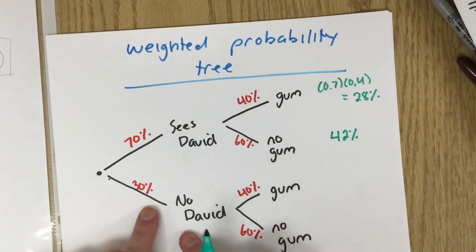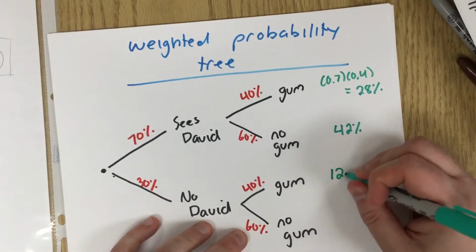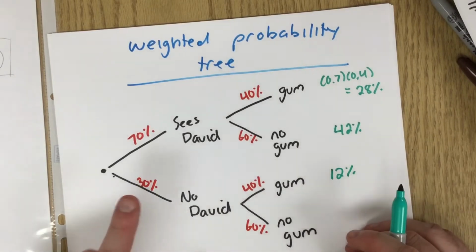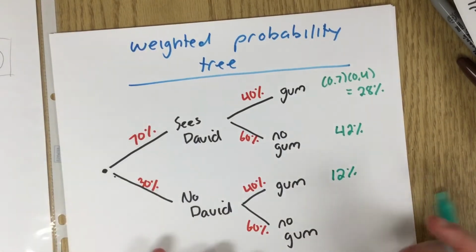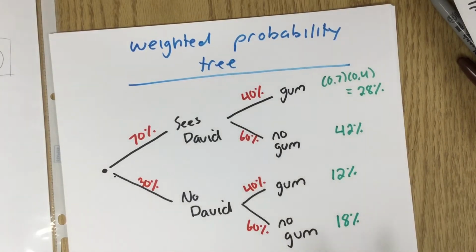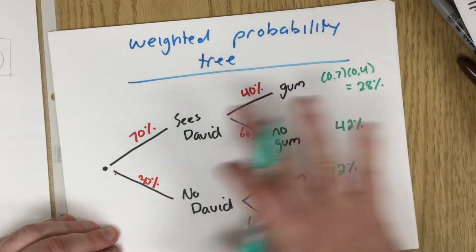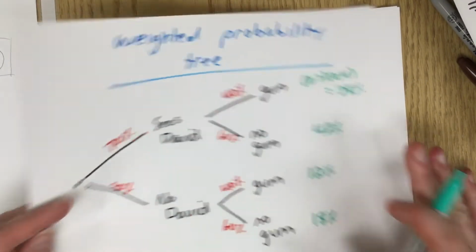Not seeing David and having gum in the pocket would be 12%, and not seeing David and not having any gum would be 18%. And that's a weighted probability tree. It's a way of showing the values. We're going to come back to that in a little bit.